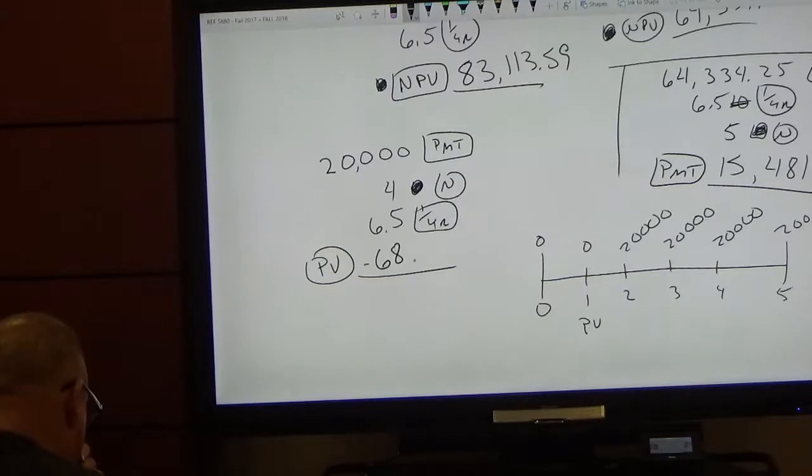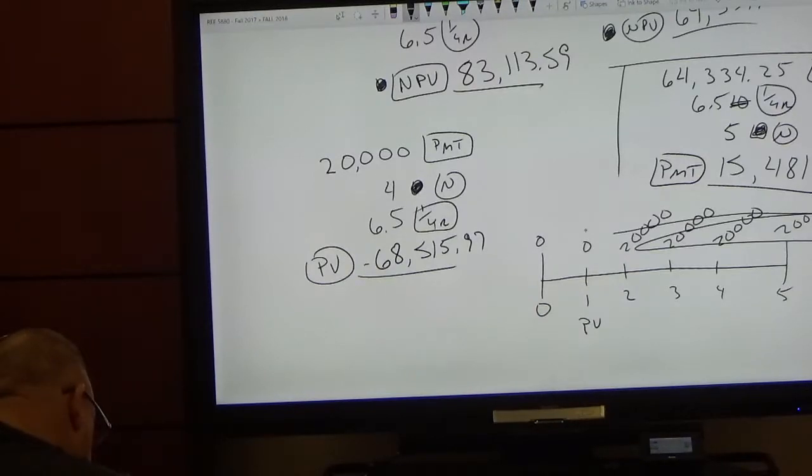Okay, so we do that. We get 68,515.97. Okay, so what we're going to do is now ignore all of that. We're going to put the 68,515.97, because it's the lump sum, as the cash flow occurring here, and then now solve for the present value.